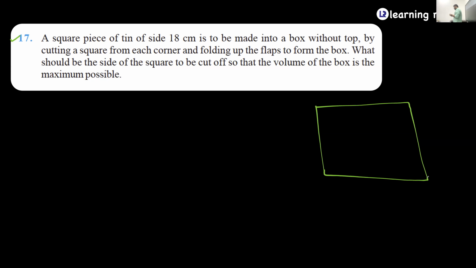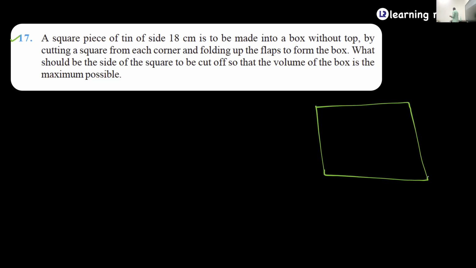So you folded, no. What is happening here? You get a box like this. So this box should have the maximum possible volume. For that, how much should be the edge of each square that you have cut? Okay.